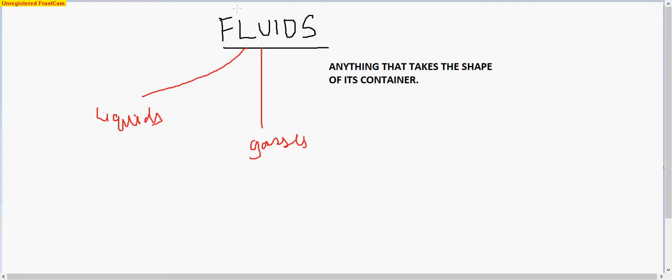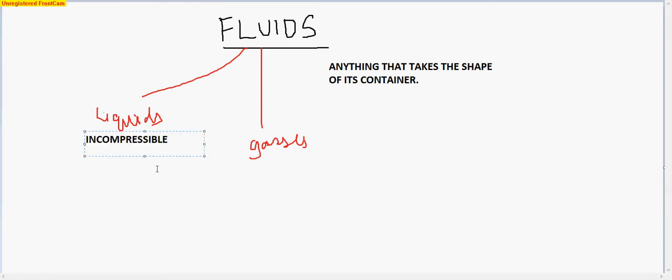Now, what is the difference between a liquid and a gas? Why? We could have put them in the same group. The difference is that a liquid is incompressible.